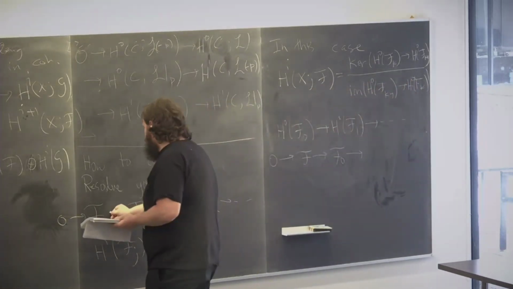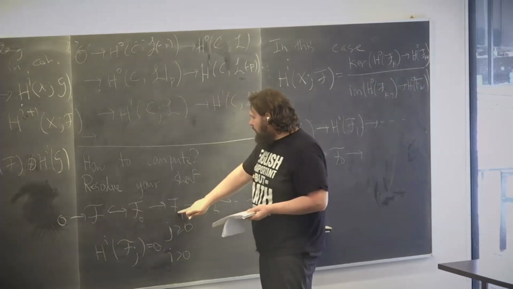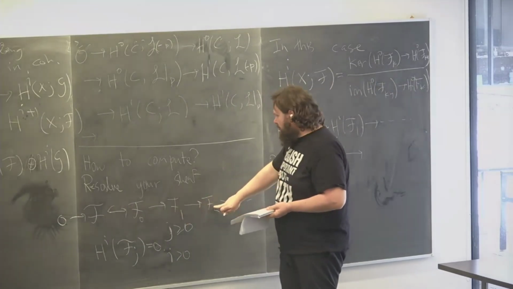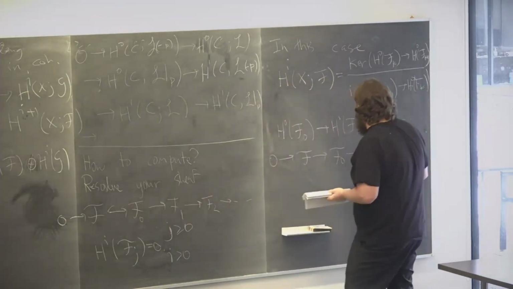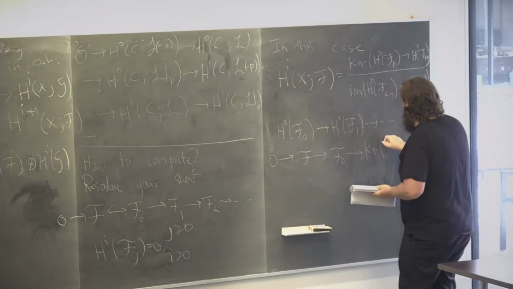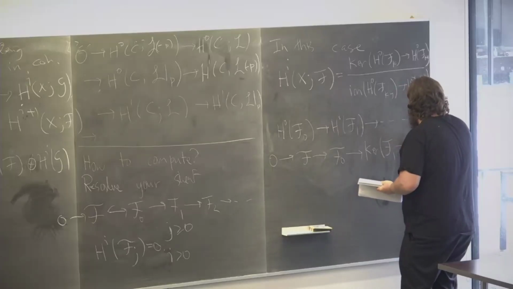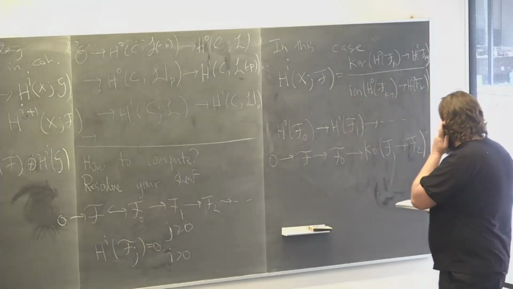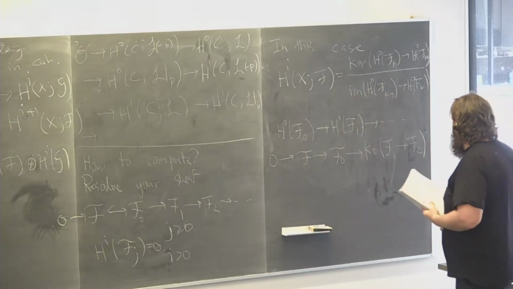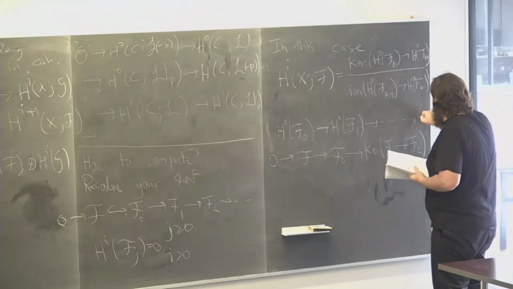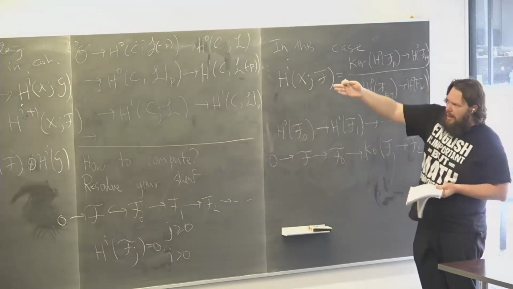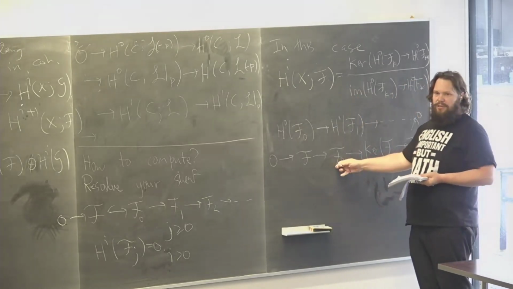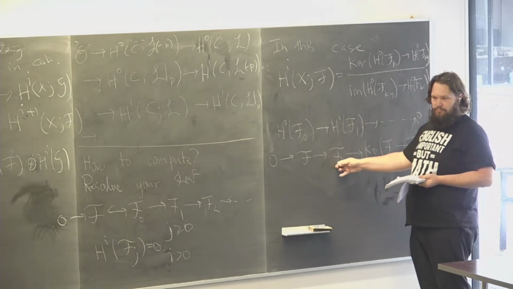So this is an injective map. Well, the cokernel is the image of F^0 in F^1, which is the same as the kernel of F^1 mapping to F^2. Right? So this is a short exact sequence, and I apply my long exact sequence in cohomology to it using the fact that all these higher guys vanish.